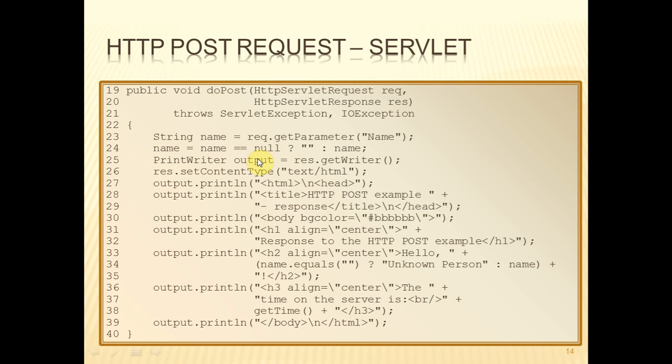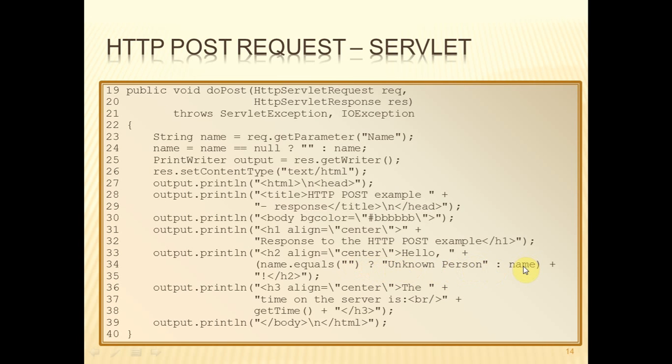We're setting up the output back to the web browser, and then we're using println to send HTML tags. And with this one, we're customizing it, so we're making this a custom response for our user, and we're testing the value of name. If it equals the empty string, then we're going to put on the string unknown person.